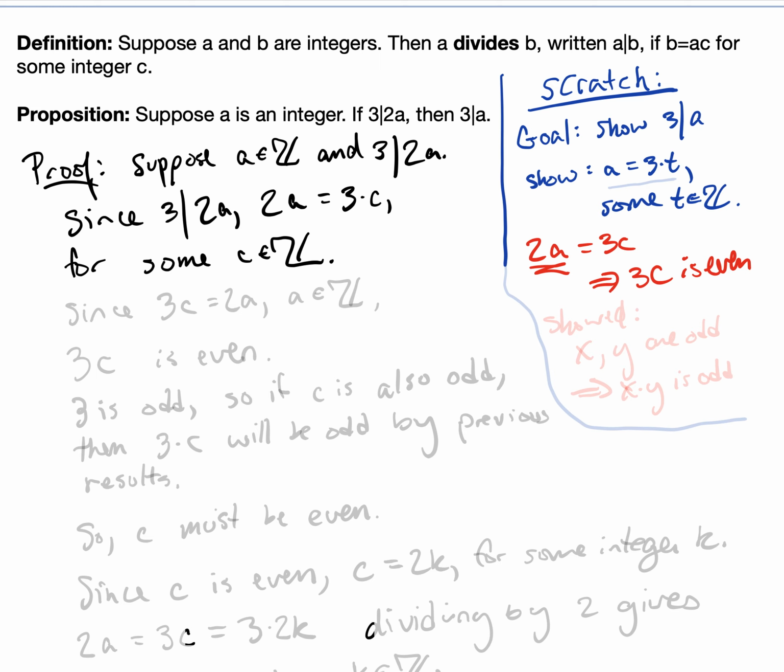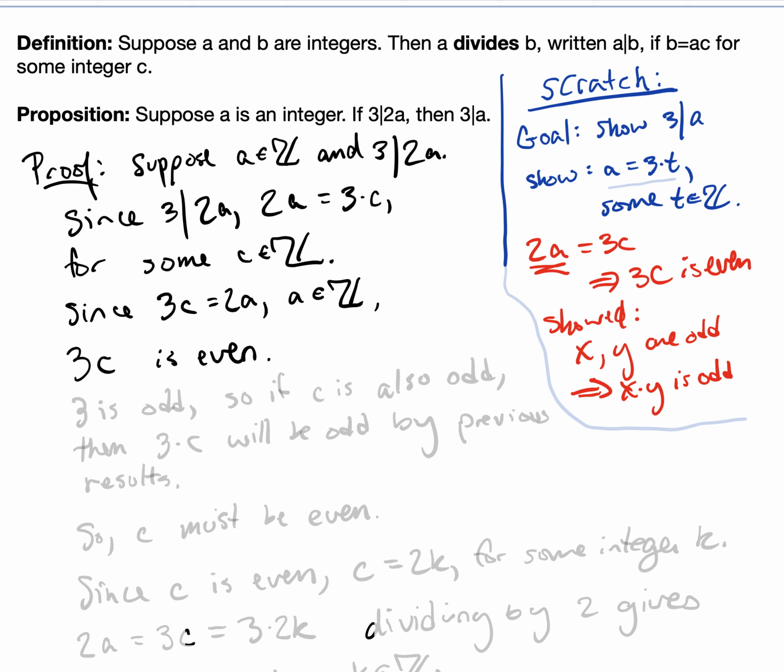So we know that we showed that if x and y are odd, that implies that x times y is also odd. Again, you proved that in the previous homework. So let's use that over here in our proof. Since 3c is equal to 2a and a is an integer, that means that 3c is even.